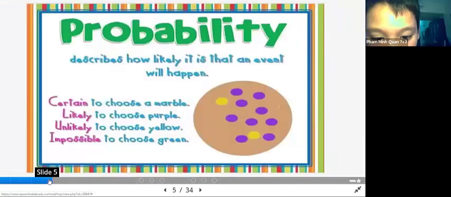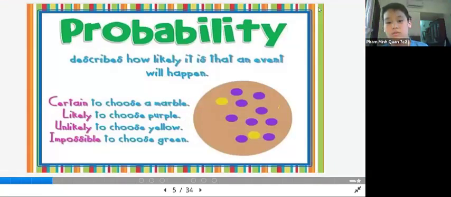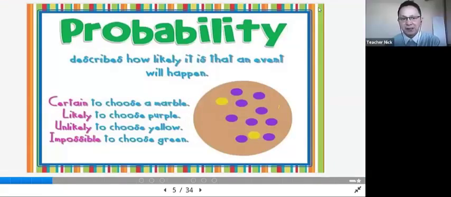So what do we mean by probability? Before we define it, it describes how likely it is that an event will happen, right? For example, you have here a set of marbles with different colors. We have yellow and purple. You can say it is certain, 100% sure, that you can choose a marble in this setting.